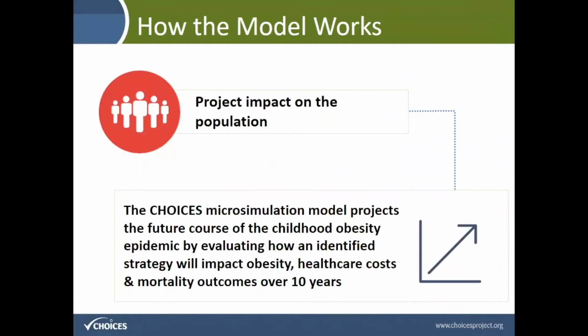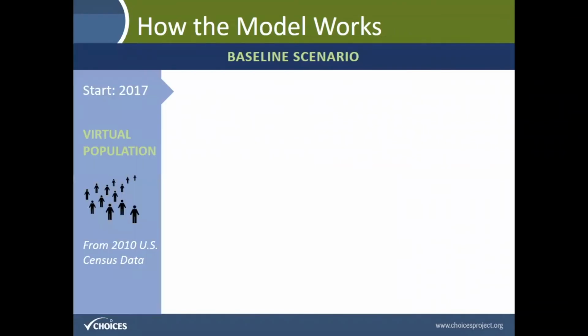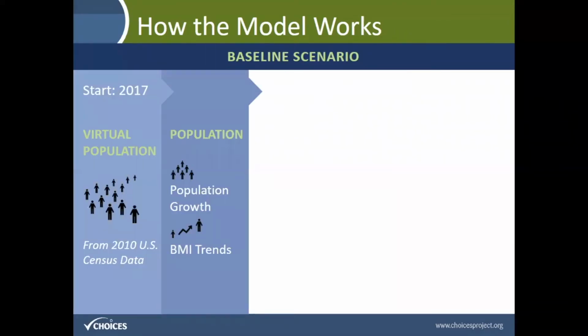Basically, the model works by projecting where things are headed in the future without any new interventions. I showed you some of that before, our projections for children. We have projections like this for the adult populations too. And then we develop a virtual population, like let's say for your state or city.